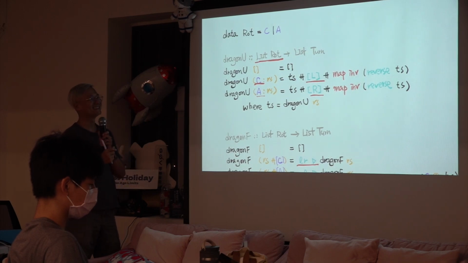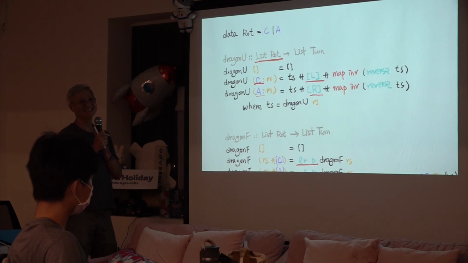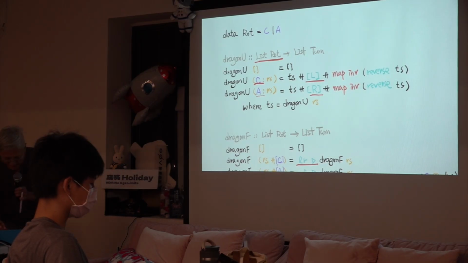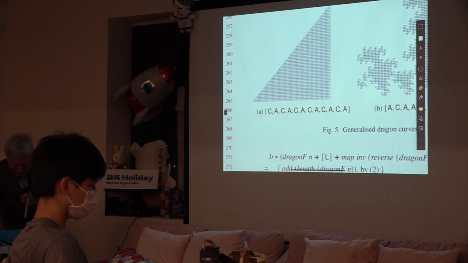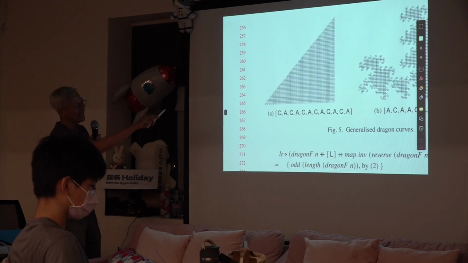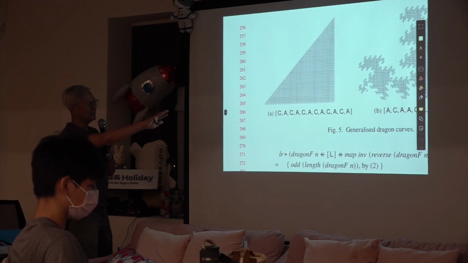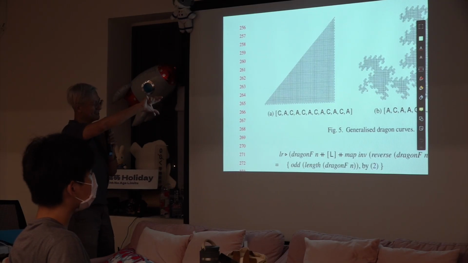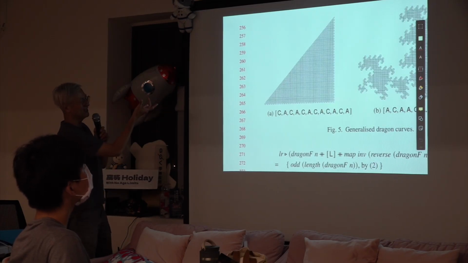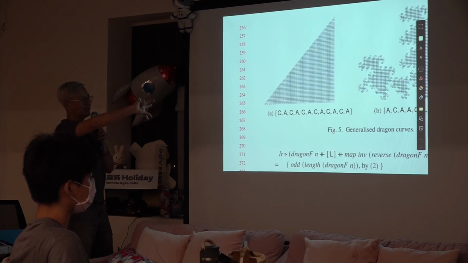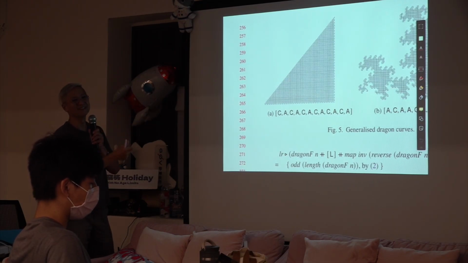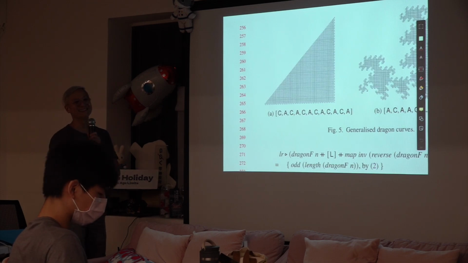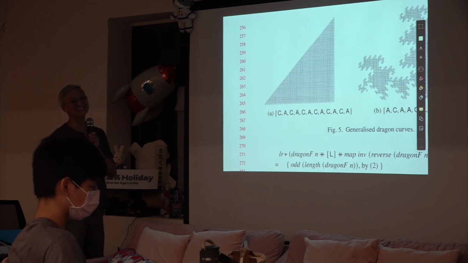Yes. If you want a 10th level, you supply 10 decisions. Exactly. I think this picture comes from doing an anti-clockwise turn, then a counterclockwise turn, and then a clockwise turn. So it's like if you took your folding paper, you decide which way to fold it each time, and that's the sequence. Yes.